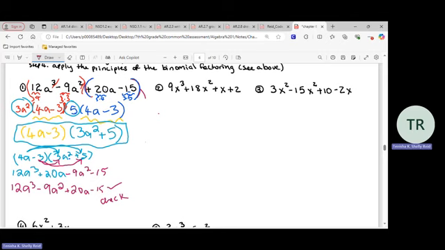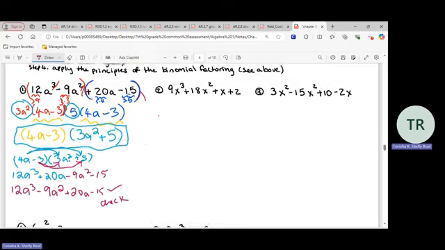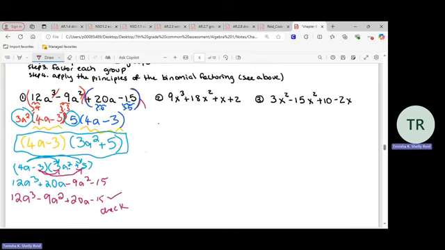All right, let's do number 3. Then I'm going to have you try some of the other ones. So I look and I see 3x squared minus 15x squared plus 10 minus 2x. Well, is this in standard form?